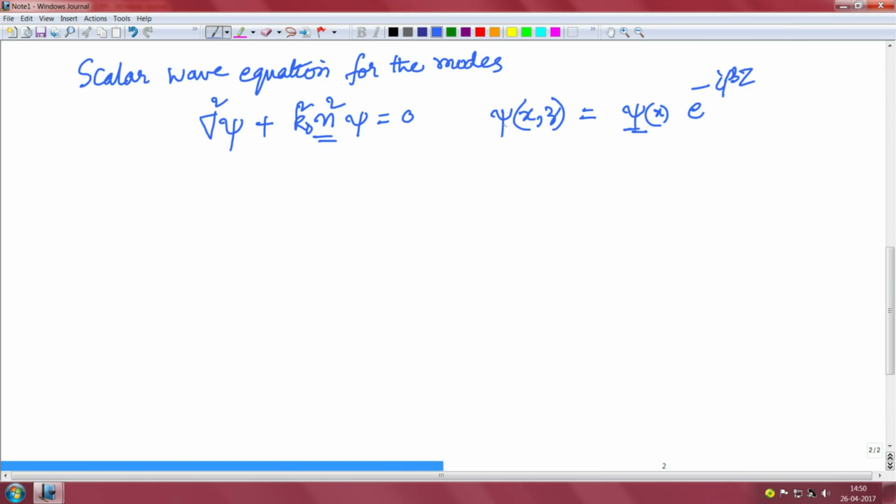For simplicity, I am using the same symbol for both, and by the context you know whether we are talking about the z variation along with the mode field or not. With this form for psi, the equation can be reduced to d square psi by dx square plus k0 square n square minus beta square of psi equal to 0.